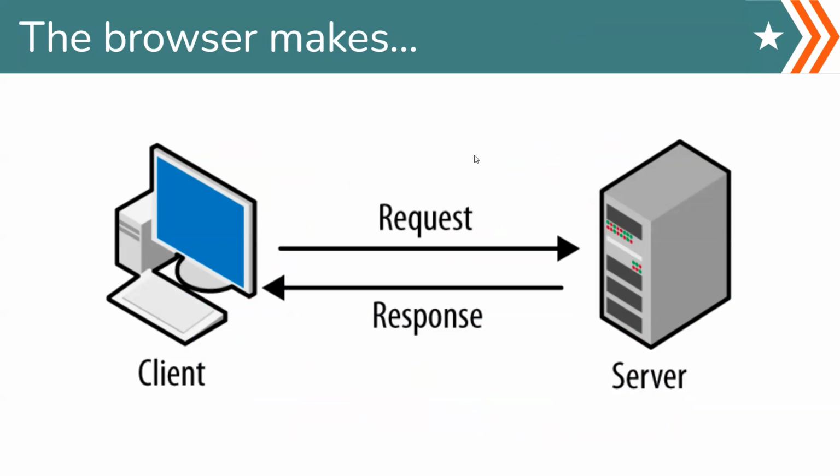In short, what happens when using your browser, right? When you go to Google and you type in cat memes, in short, what's happening is that your browser, which is on your client, your computer, is putting in a request somewhere, wherever these cat memes are located.